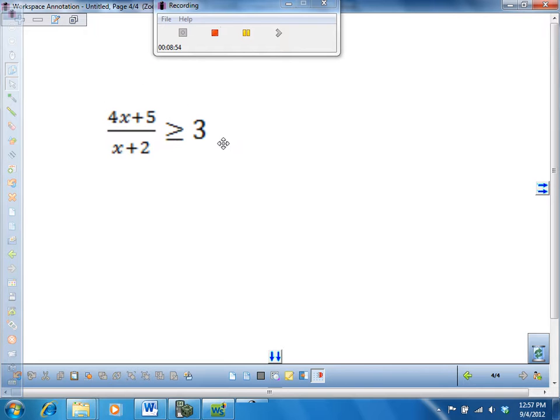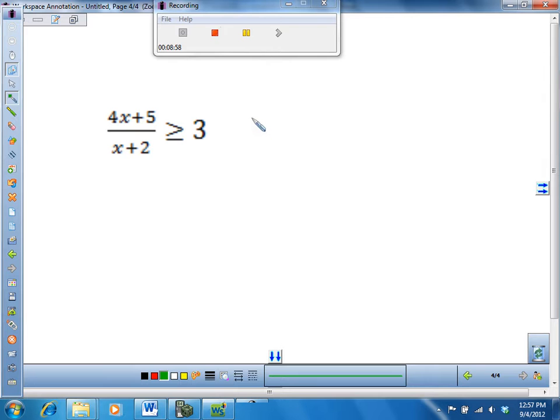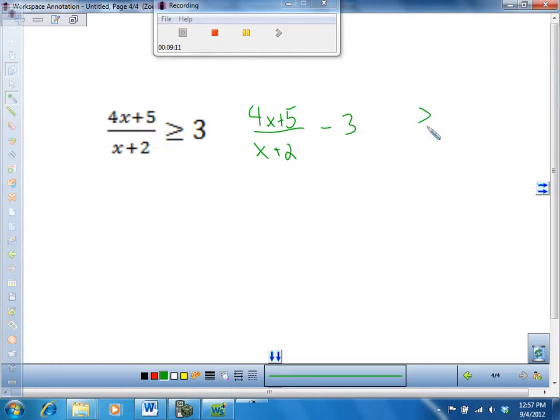Okay? What you have to do is subtract 3. When I subtract 3, I get 4x plus 5. You can't just multiply through by x plus 2, which people want to do. Minus 3 is greater than or equal to 0. And the reason I left a space there is because now what I want to do is find a common denominator. So I'm going to multiply this 3 by my common denominator, which is going to be x plus 2 over x plus 2.